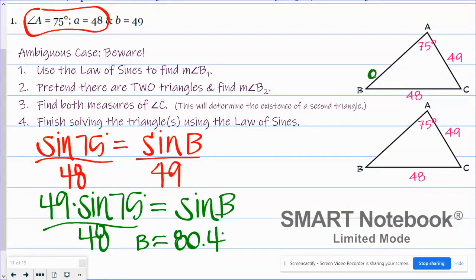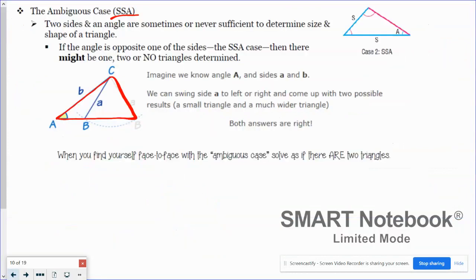But what if there is a second triangle? That's a good question. Going back to this diagram here, you'll notice we just found angle B. Now we need to find the other angle B, and those two angles are supplementary. They make a straight angle, therefore they add to be 180.